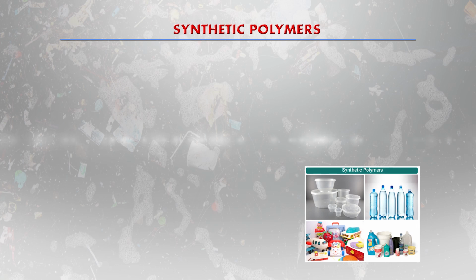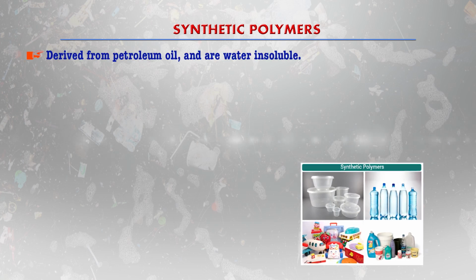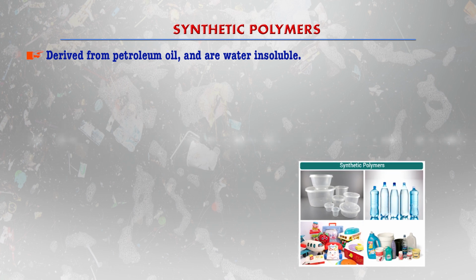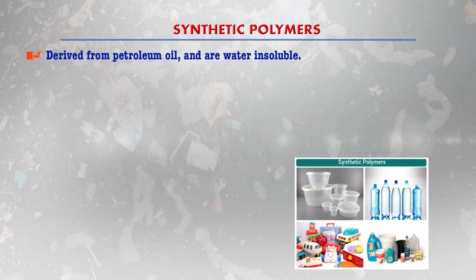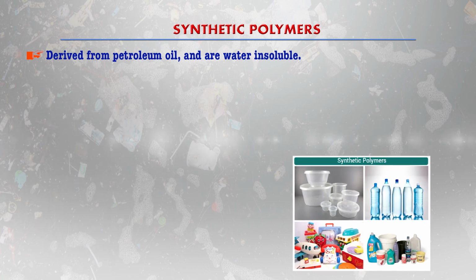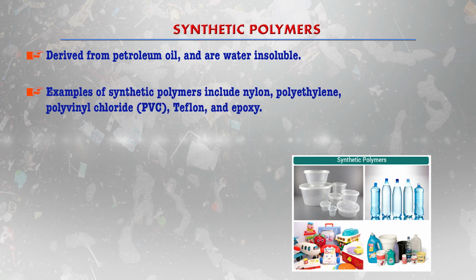Then the next category is synthetic polymers. Now, these have been derived from petroleum oil and they are not water soluble. So, you have to remember all these persistent molecules are water insoluble or lipophilic molecules. So, examples of these synthetic polymers are nylon, which is very commonly used in textile and fabric industries. Then polyethylene, which you very commonly know as plastics.